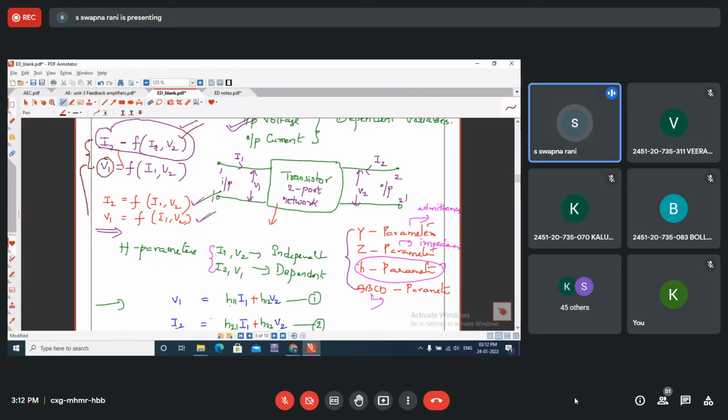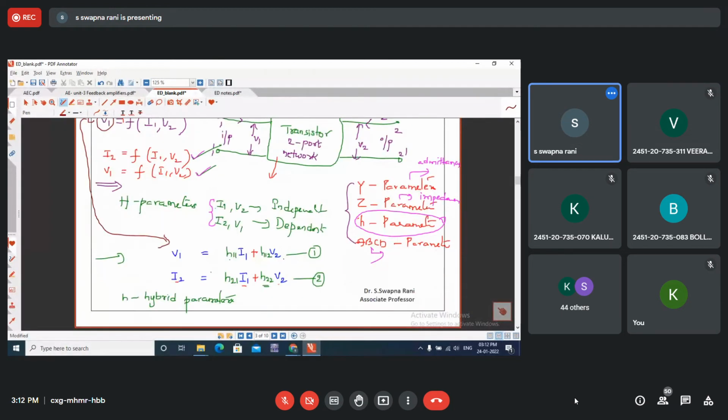The exact relation between these parameters of the transistor can be represented with these two H parameter equations. They give the mathematical equations relating the dependent and independent variables.